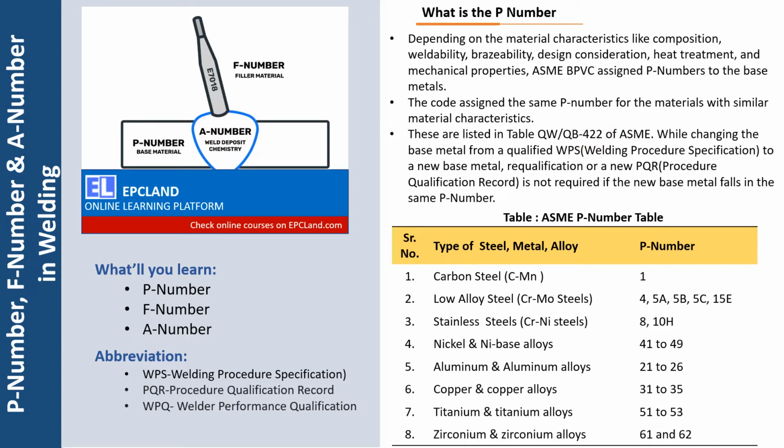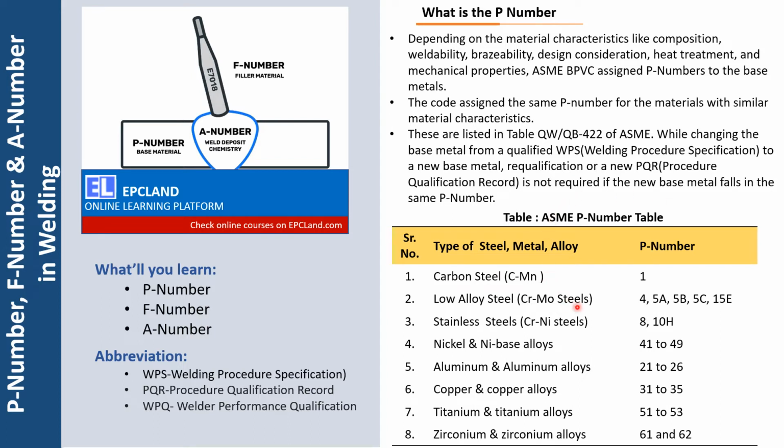While changing the base material from a qualified WPS to a new base material, we don't have to go for requalification if it belongs to the same P number. So this is the beauty of standardizing these P numbers. Even if you are changing the base material, you don't have to go for qualification procedures because they belong to the same P number. If not, then we have to go for requalification.